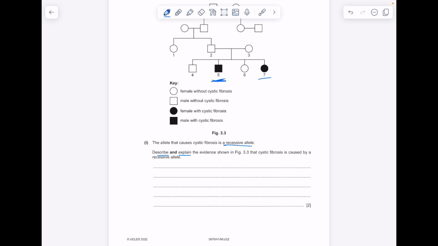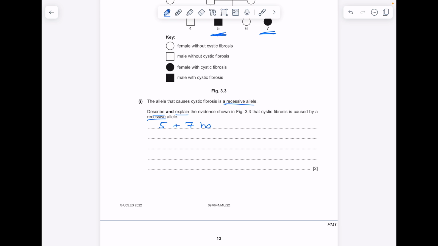First of all, we're going to point out what I've already mentioned, that person 5 and 7 have cystic fibrosis, whereas their parents 2 and 3 don't have cystic fibrosis, so by definition they must be carriers, which is indicative of a recessive allele causing the disease. So 5 and 7 have cystic fibrosis, whereas their parents do not.